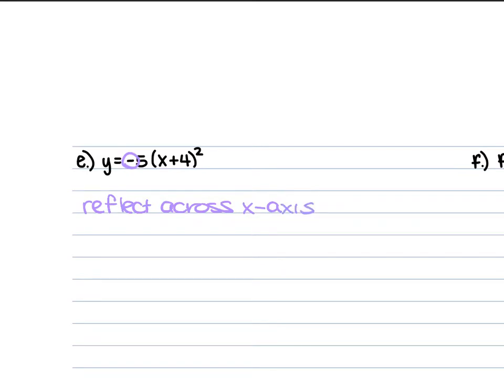Then that 5 in front of the parentheses means that we are getting bigger because it's larger than 1. So this is going to be a vertical stretch by a factor of 5. And then that plus 4 inside the parentheses means we're going left 4 units.